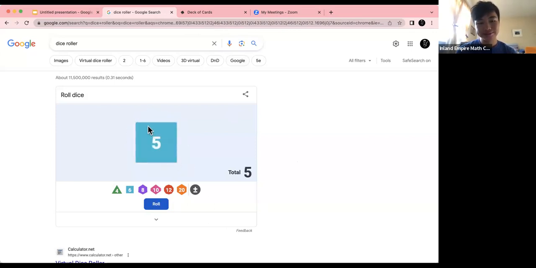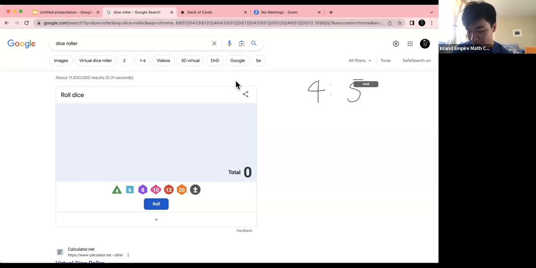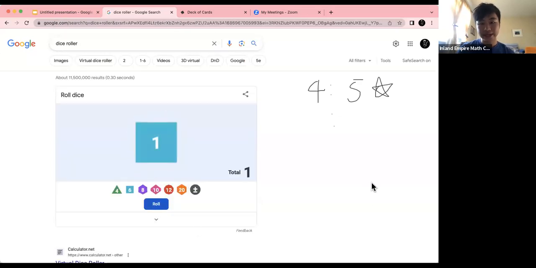When we rolled again, we got a 5. If we write this down, we started with the 4, we got a 5, which is bigger. If it's bigger, I'll mark it down with a star. Then we roll again, just to see what the chances are, and we get a 1, which is smaller.